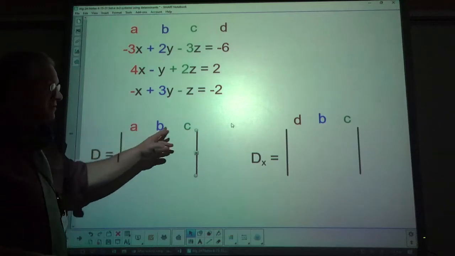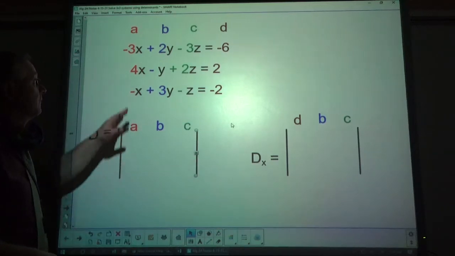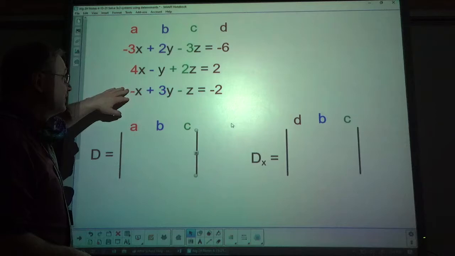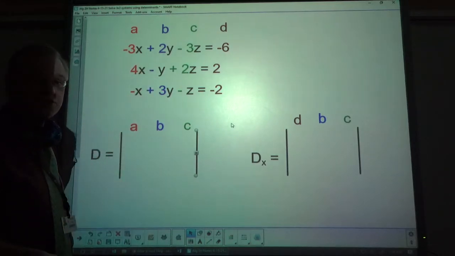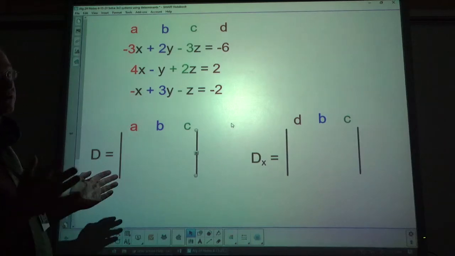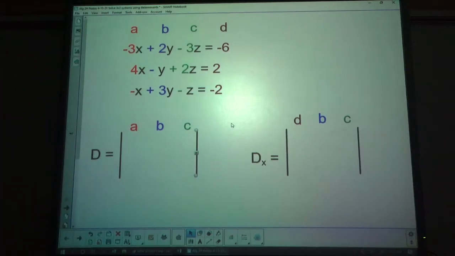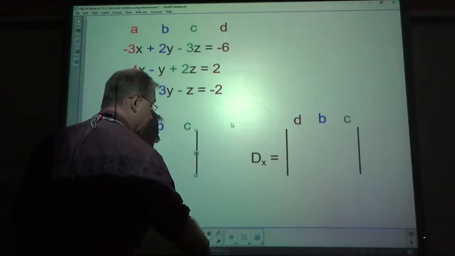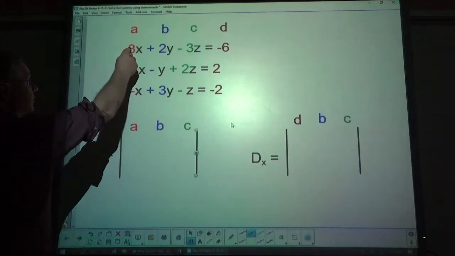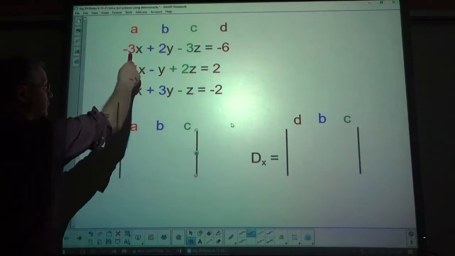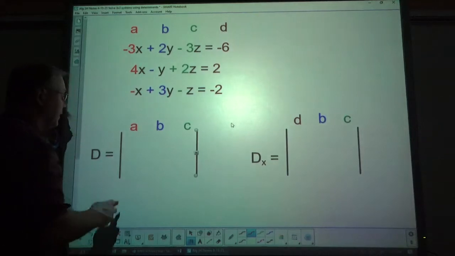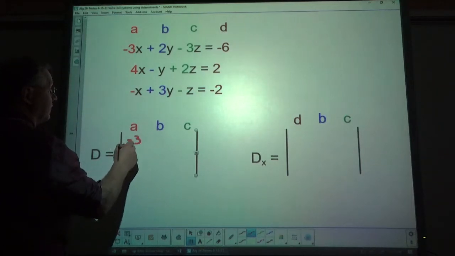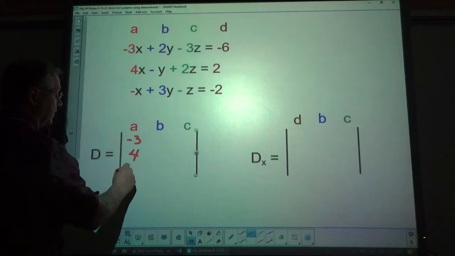So I'm going to use the color coding that I have here, and notice the coefficients are the things that are going to go in your determinant, not the letters themselves. D for determinant is going to be the first column, the second column, and the third column, or A, B, and C. Now A is -3, 4, -1.